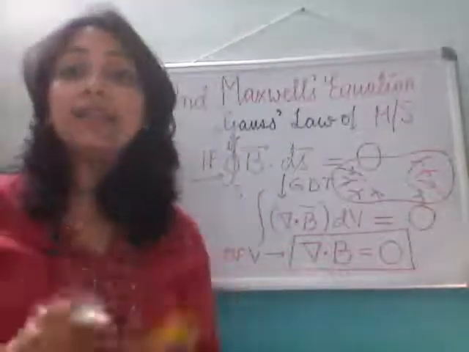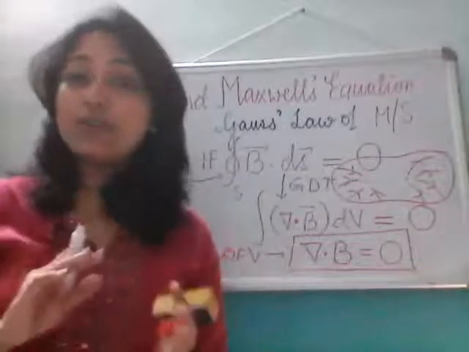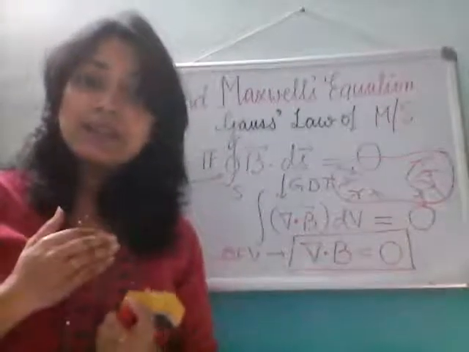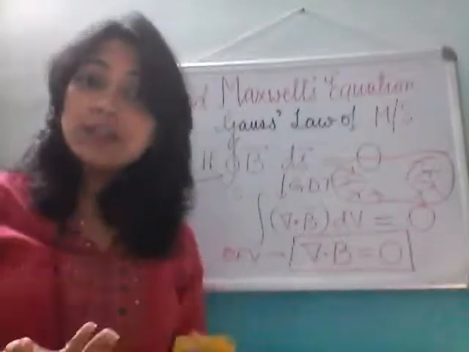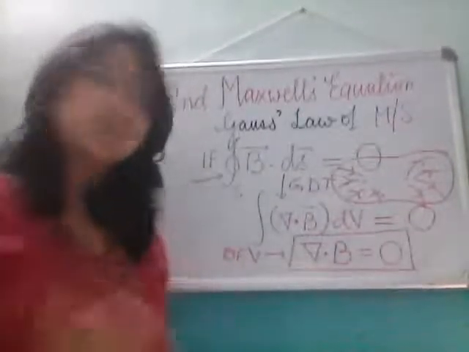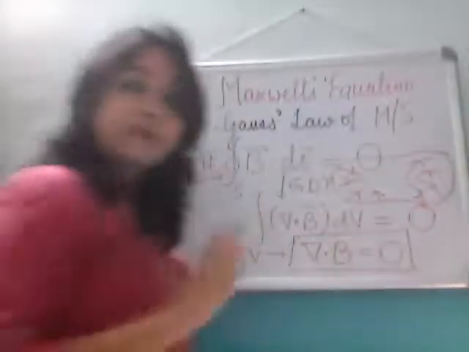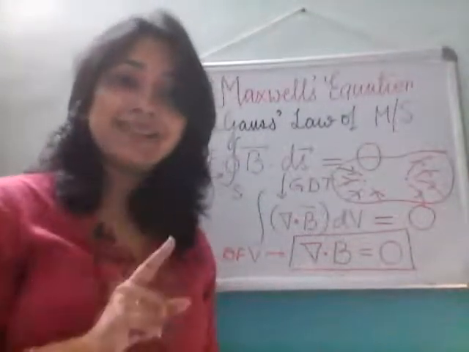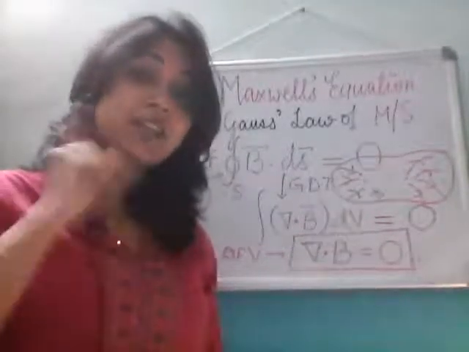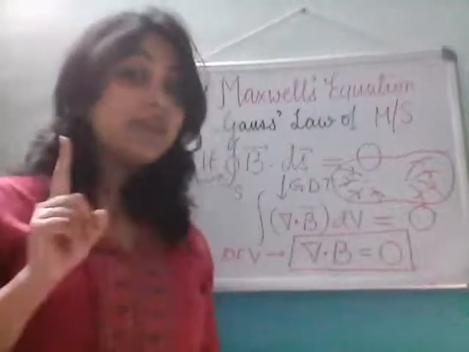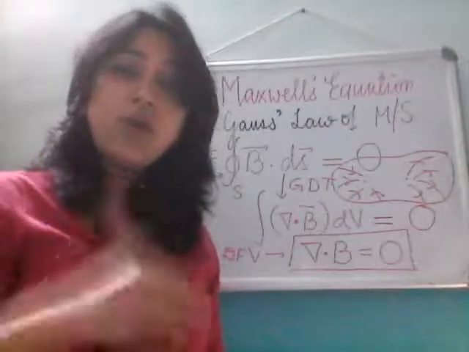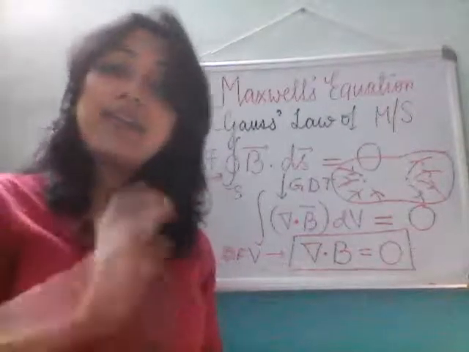And essentially, this brings us to the conclusion: who creates this magnetic field? We all know that magnetic poles create magnetic field. And in a given system, magnetic monopoles can never exist. Remember, electric charges, positive charge or negative charge, could exist. However, a north pole alone or a south pole alone can never exist.